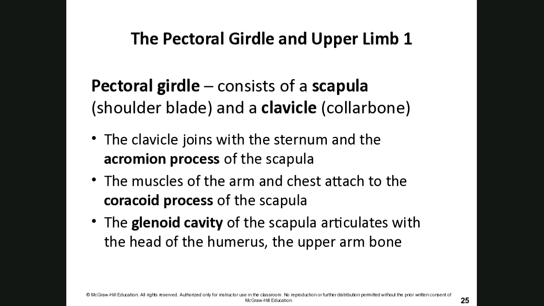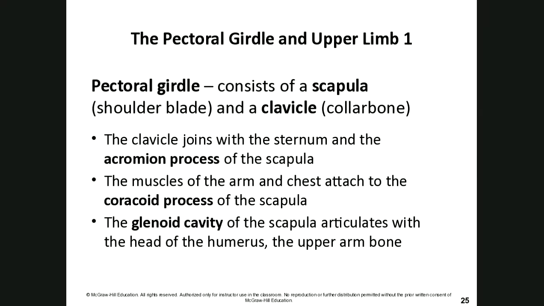If I put my thumb on my clavicle bone, I can reach over and kind of feel my acromion process. The muscles of the arm and the chest are connected to the coracoid process of the scapula, so it's kind of a bony part of the scapula. The glenoid cavity is where the scapula articulates with the humerus.